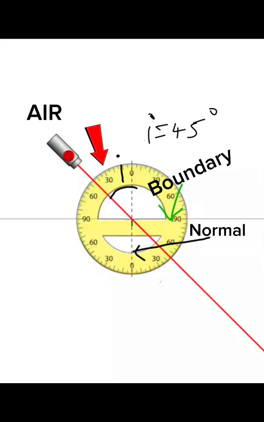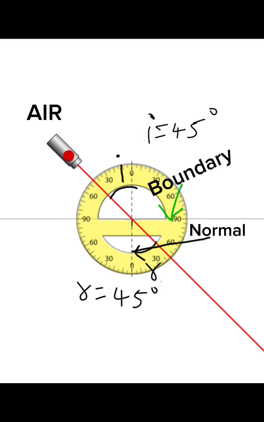The angle of refraction is the angle made between the refracted ray and the normal. If I measure from the normal downwards towards the refracted ray, I'm still going to have 45 degrees. Since the two media are the same, they have the same optical density, so there is no deviation of light. The angle of incidence is the same as the angle of refraction.